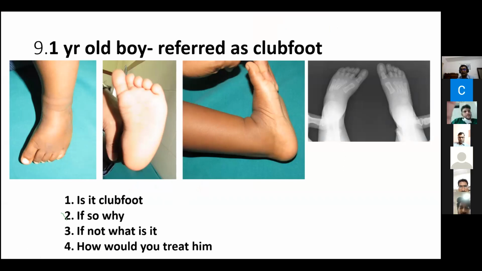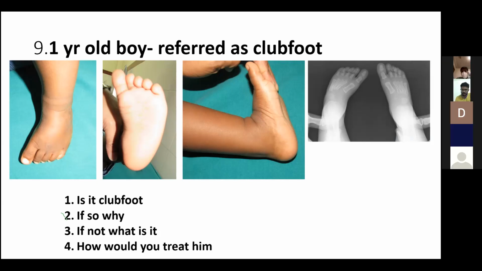Yes, Dr. John C. John C is connecting to his audio.